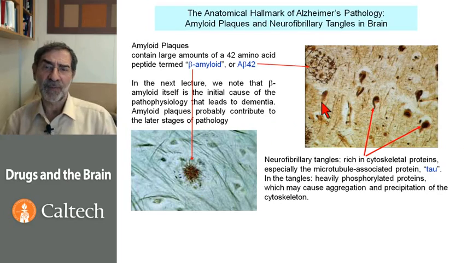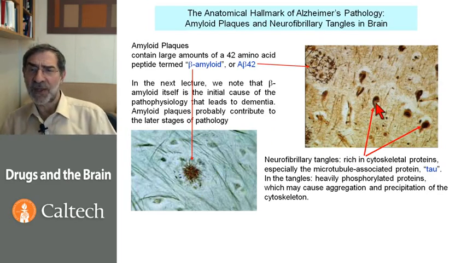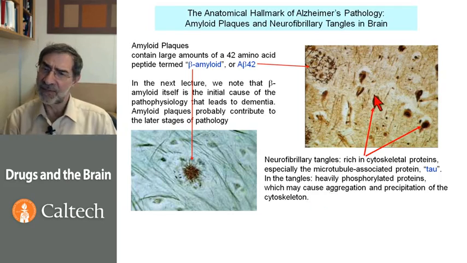So what about the tangles? Well, they are extremely rich in cytoskeletal proteins, and the one that is best known is the microtubule-associated protein called Tau. And in the tangles, there are heavily phosphorylated proteins. You remember that we learned about phosphorylated proteins in previous lectures. It's possible that these cause aggregation and precipitation of the cytoskeleton. Again, it's not clear that these tangles are what causes the disease.